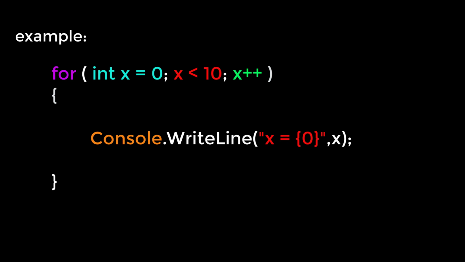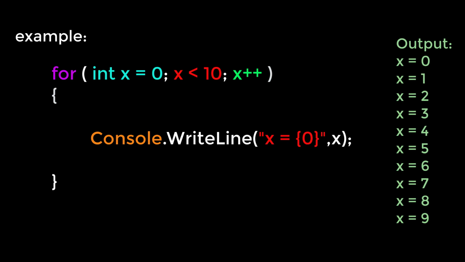Inside the open and close curly braces is our code to execute. Here the value of x will be printed, from 0 until such time that the condition is no longer true.